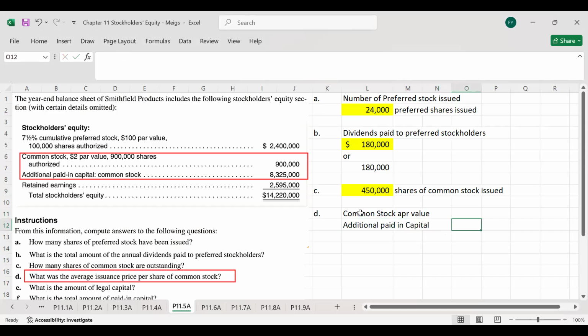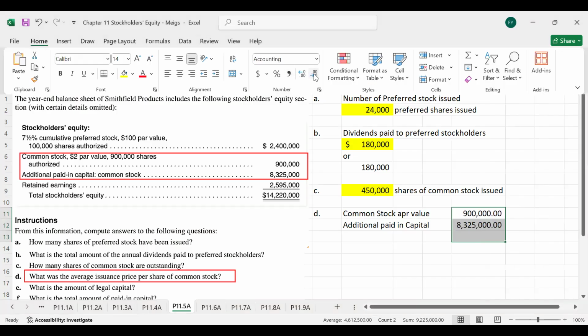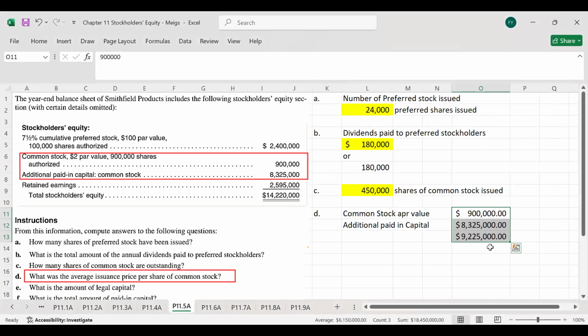So the total value of common stock is the par value, 900,000, plus the additional paid in capital, which is $8.325 million. So the total amount is this one.